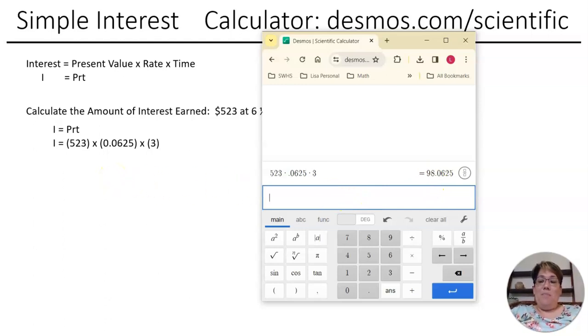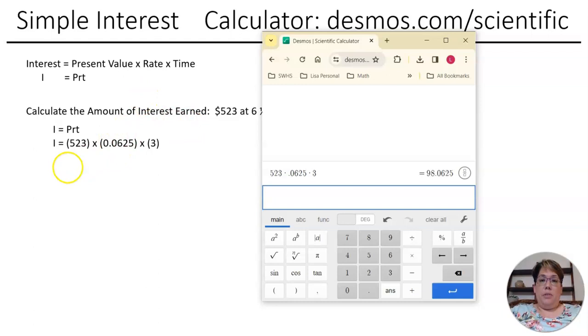Now remember that we are talking about money, so in all of these, your final answer with money is going to be 2 decimal places. So you're going to round that to 2 decimal places.